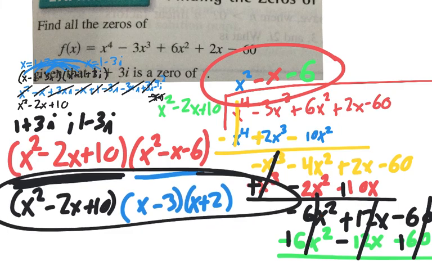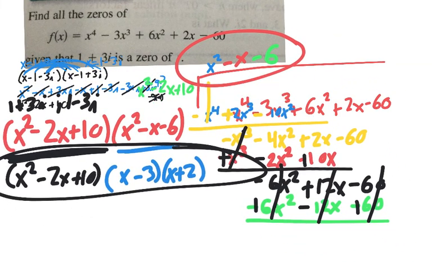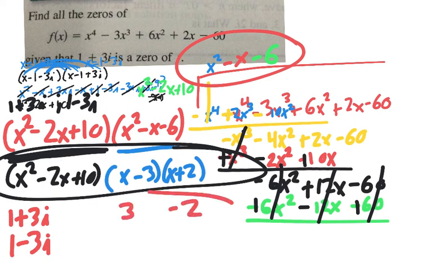If it asks for the factored form, I've got it. Boom. If it asks me for all the zeros, then I need to solve. Again, the one in black gives zeros of 1 plus 3i and 1 minus 3i. Then right here in blue, if I solve, I get 3 and negative 2. So those are my 4 factors.